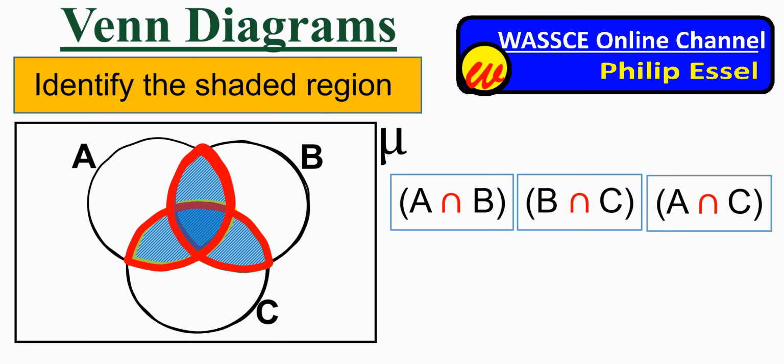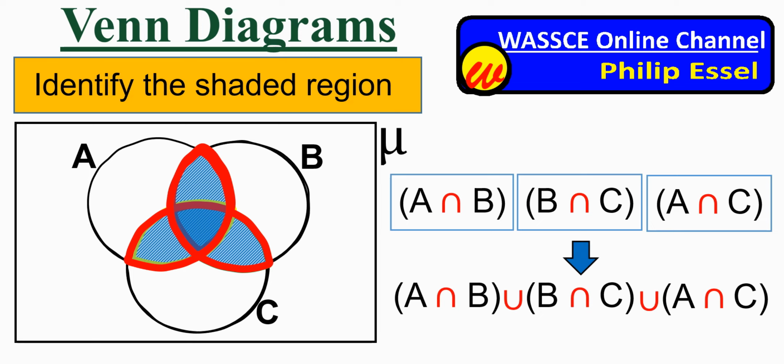So the three regions have formed a union. So the shaded region will be called (A intersection B) union (B intersection C) union (A intersection C). It's as simple as that.